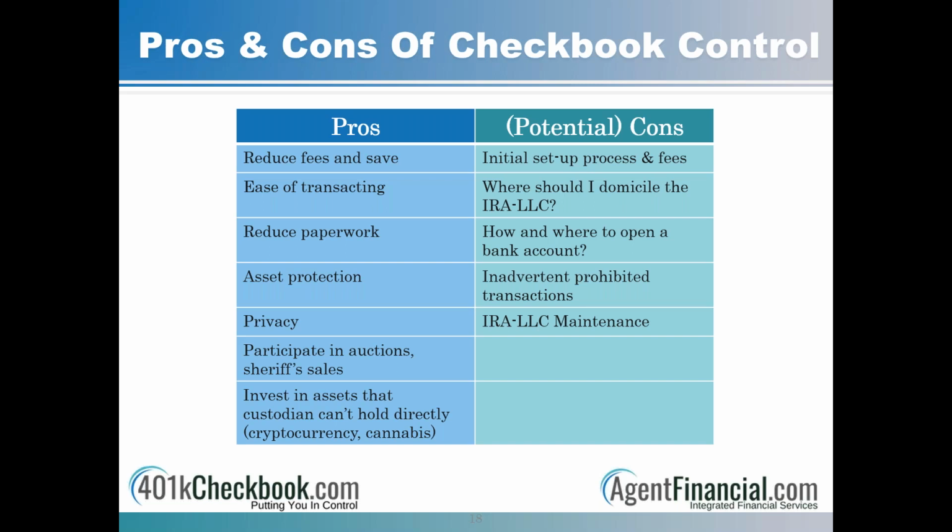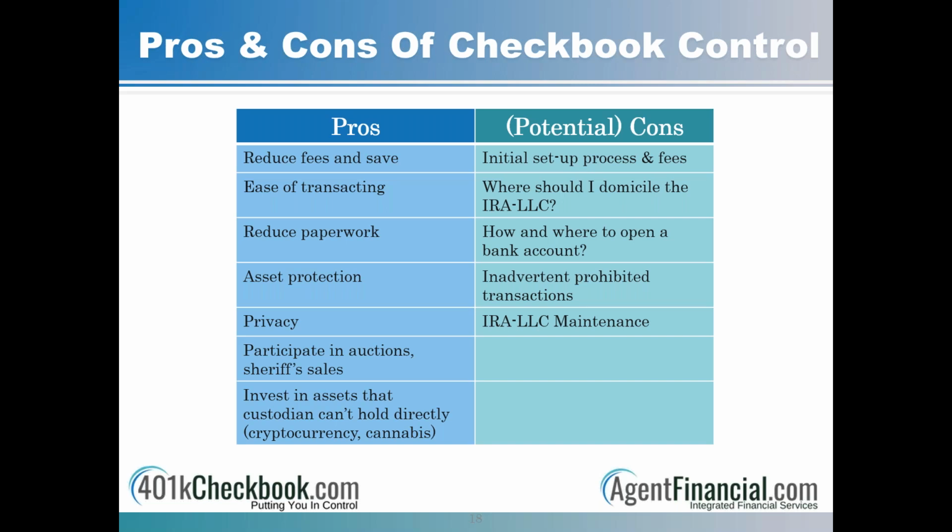You get enhanced privacy, and the reason for that is simple. When IRA custodians directly invest in an asset, in general, you're going to have to title the asset John Doe IRA, right? It's going to have the custodian's name, ABC custodian for benefit of John Doe IRA, and they very often require the account number.